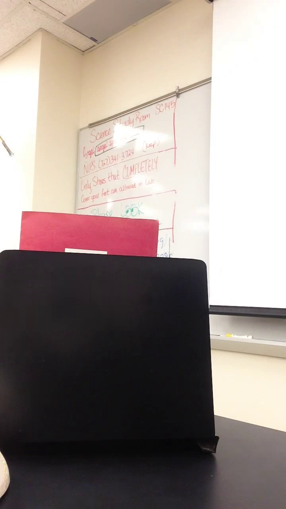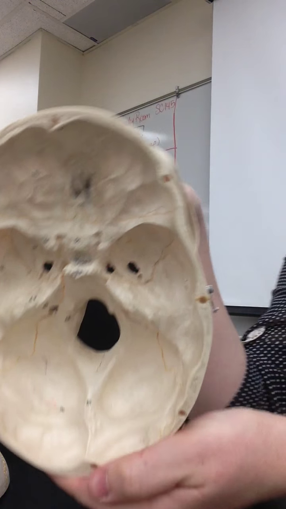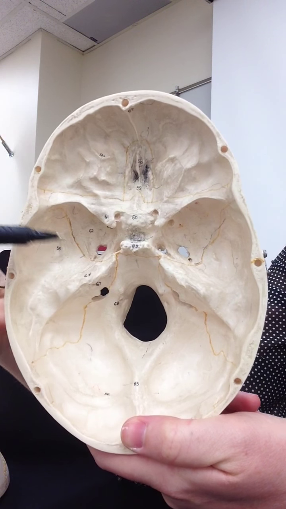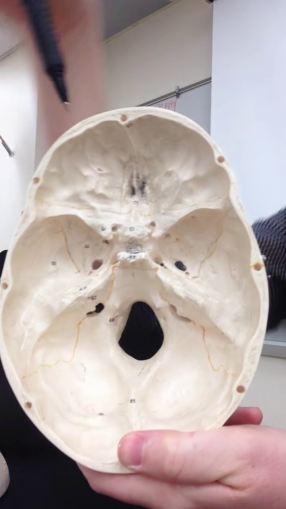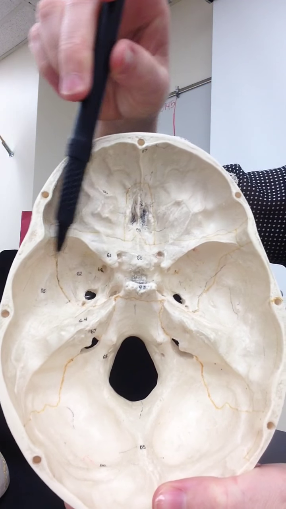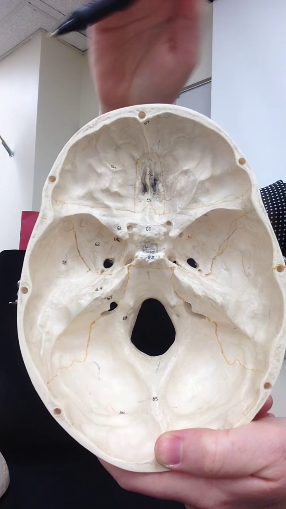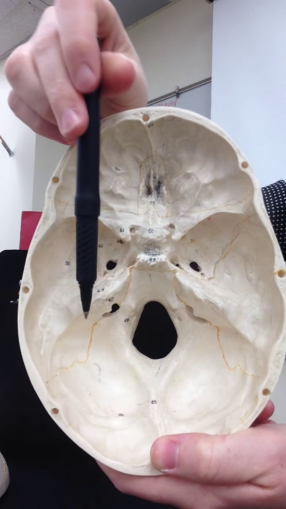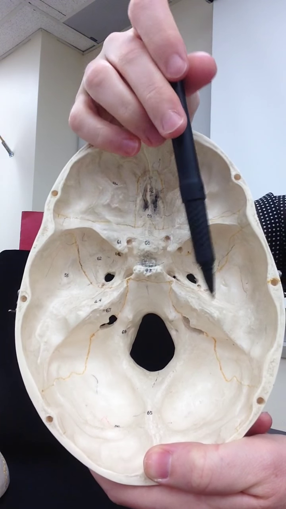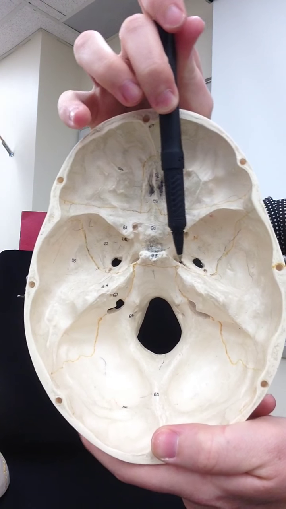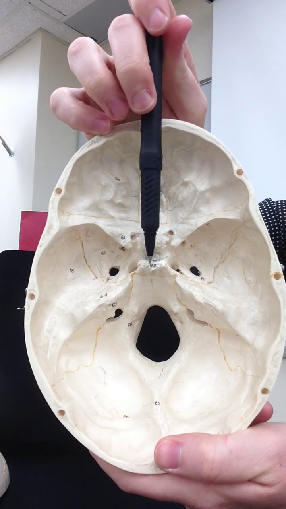Let me actually switch out. I'll use this one because we won't have the markings on the models for the practical. So you can see here, here's one wing, here's the bottom wing, and it looks like either a bat or a butterfly, whichever you choose. The sphenoid bone is very unique in that it acts as the keystone of the cranium.